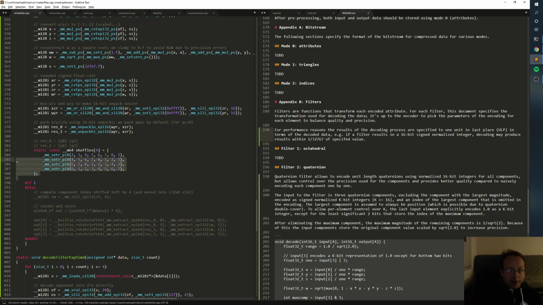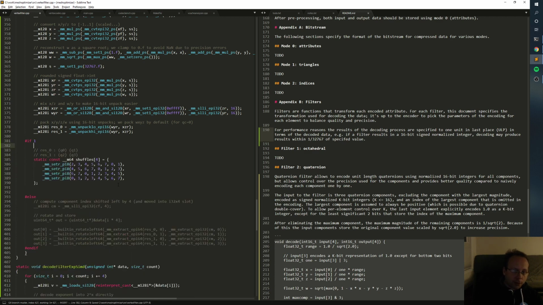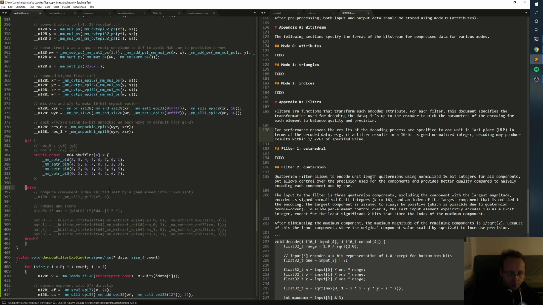So let's try to use shuffles. First, we are going to use the shuffles in a stupid way. It's going to be painful to even... There's 16 of these masks. Oh god.